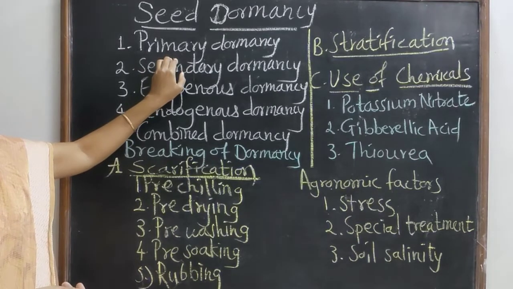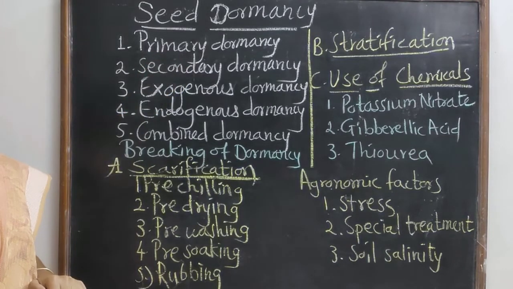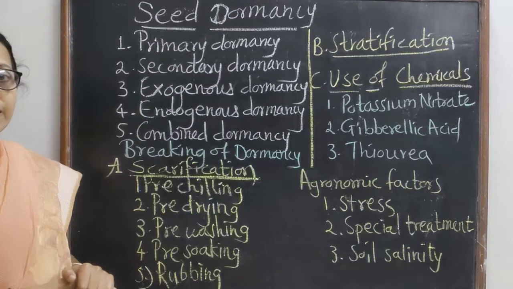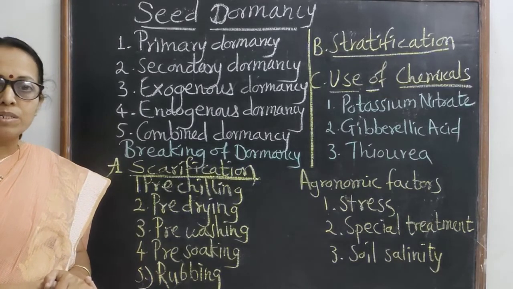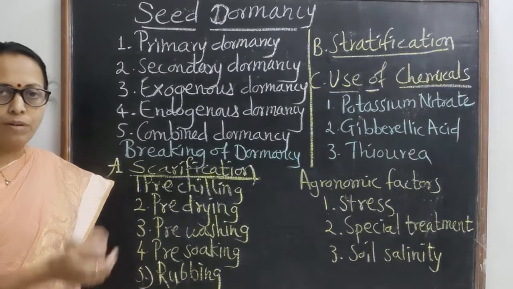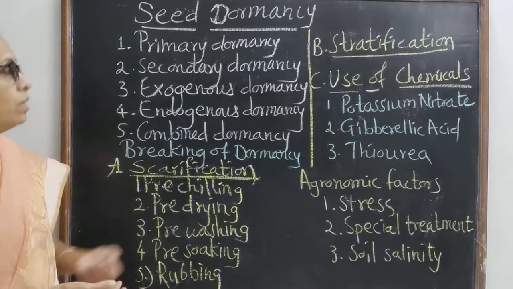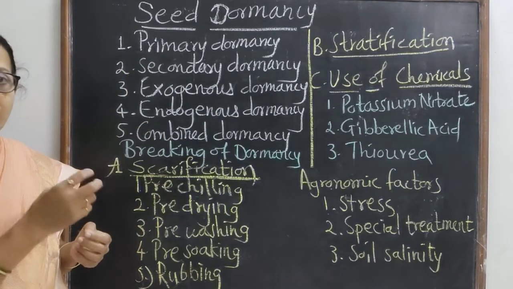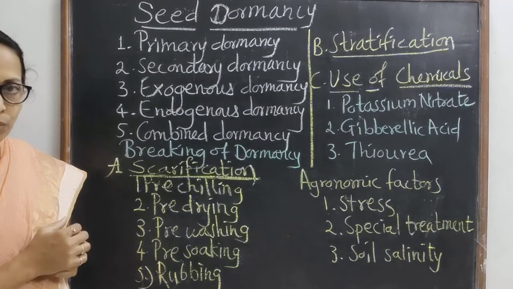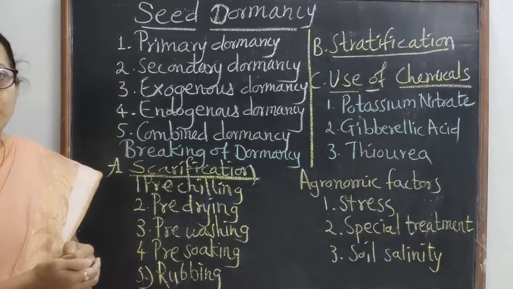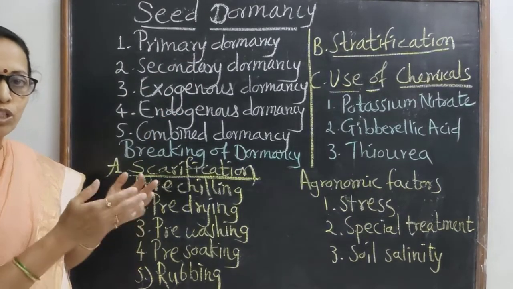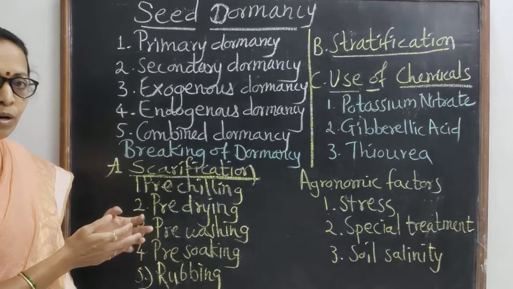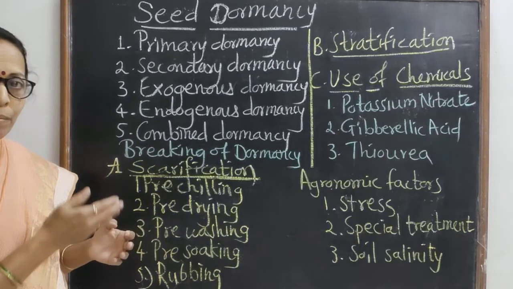First, primary dormancy. When the seeds are dispersed from the plant, when we harvest the seeds, at that time maturity is attained by the embryo, and this dormancy is induced either during maturity of the embryo or when the embryo is getting matured.